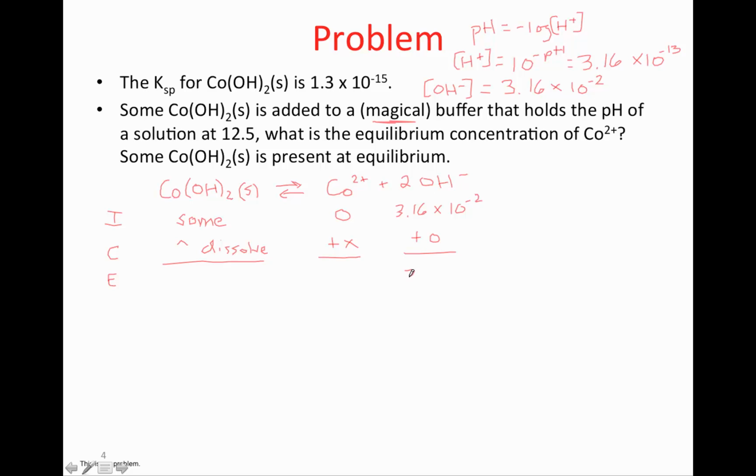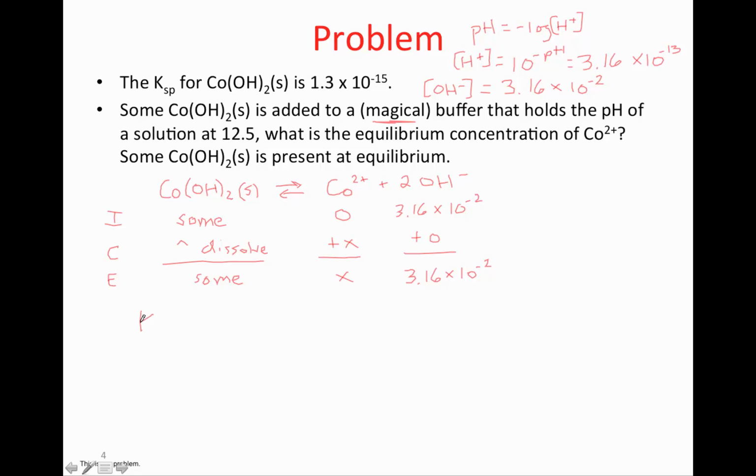So at equilibrium, I have a concentration here of 3.16 times 10 to the minus 2. I have a cobalt ion concentration of X, and I have some left. I know I have some left because that's what I was told. Some of this is present, left there down at the bottom of the beaker at equilibrium.